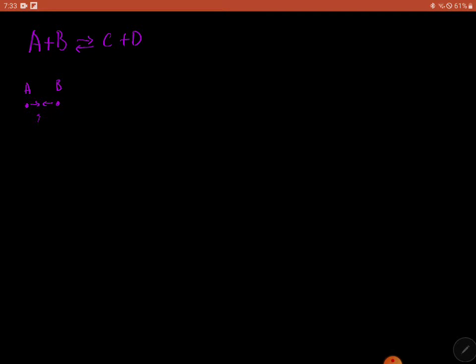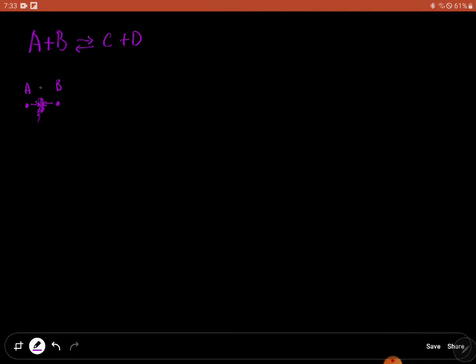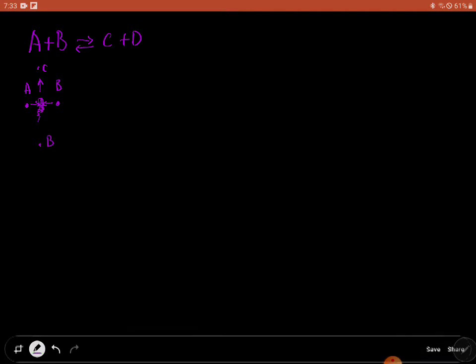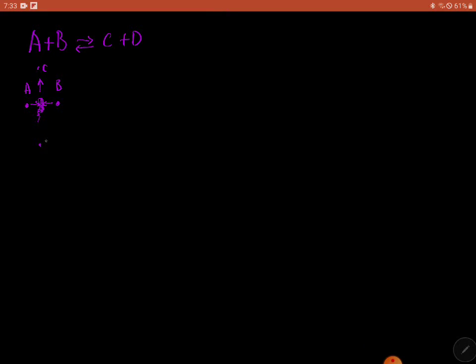Then boom, there is some energy released, and the elements C and D come out. So this is the model of the forward reaction.